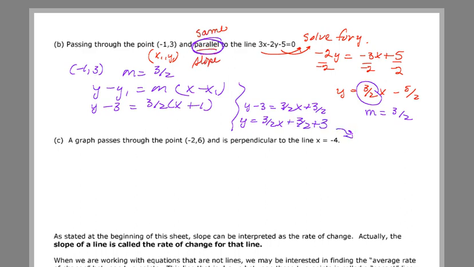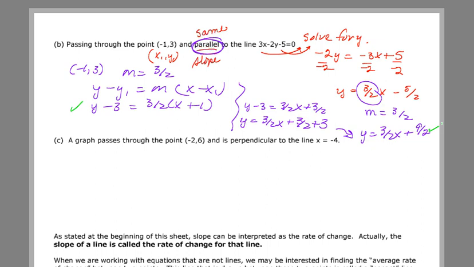And then finishing that up with one more step, 3 halves plus a 3 is going to be what? Well, I can't add them because I don't have a common denominator, so I need to make this have a denominator of 2, so it'd be like 6 halves. So I'd end up with 3 halves x plus 9 halves. So the two forms for the equation, here and here.